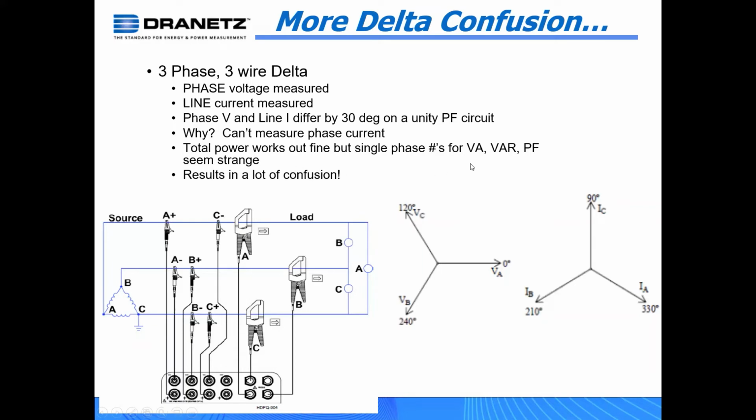And users will often view single-phase or single-channel information for VA, VARs, and power factor, take those numbers and try to put them into textbook equations, wondering why the totals don't work out. So it does cause a lot of confusion, but once you peel back some of the layers and know a little bit about Blondel's theorem, it all makes sense in the end.